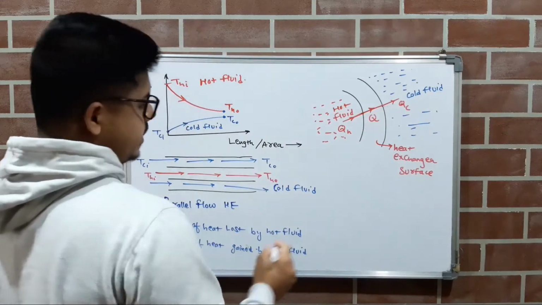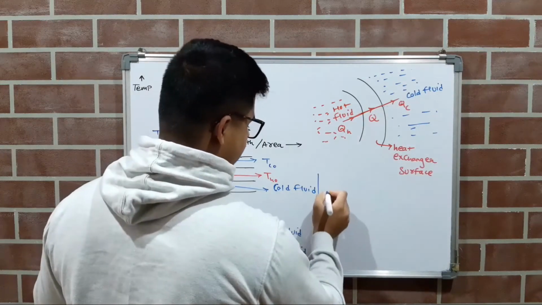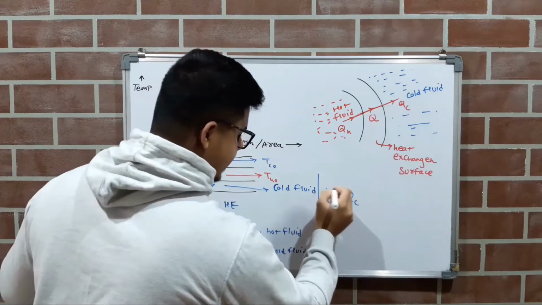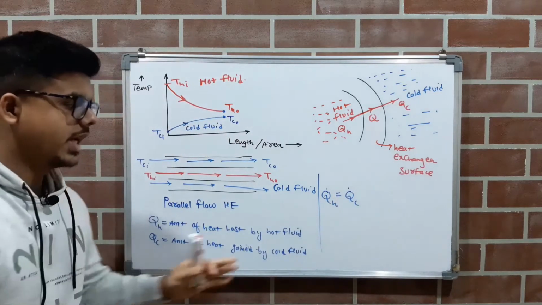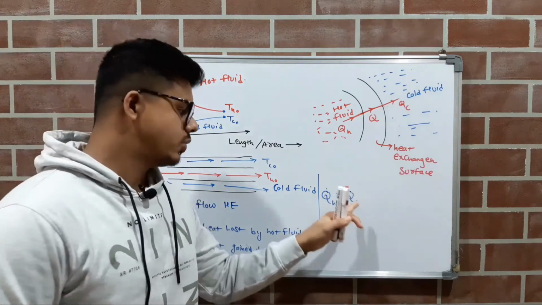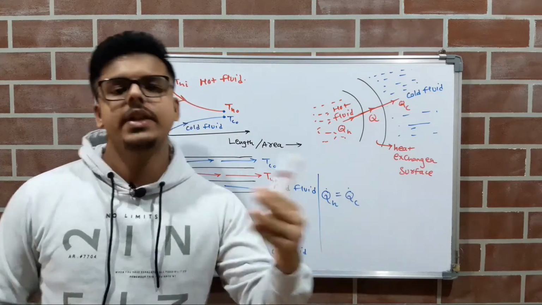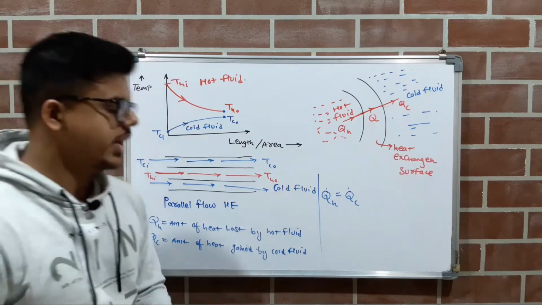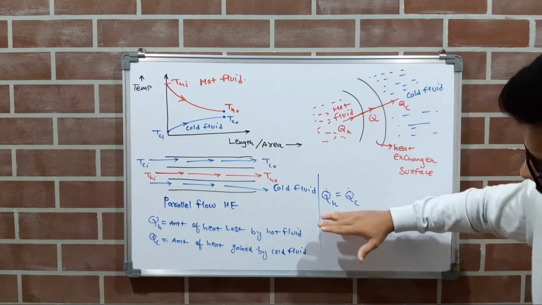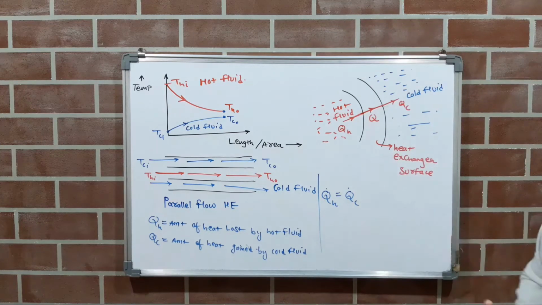So QH equals QC. These are rates: the rate at which heat is lost by the hot fluid is equal to the rate at which heat is gained by the cold fluid. This is our first assumption.